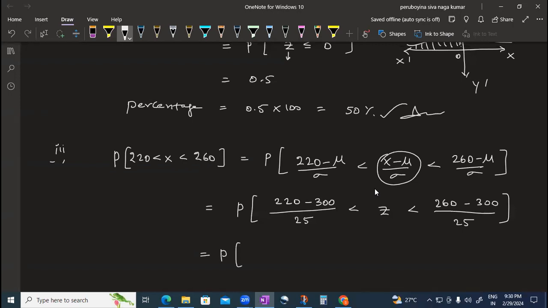That equals probability of 220 minus 300 is minus 80 by 25, less than Z, less than minus 40 by 25.